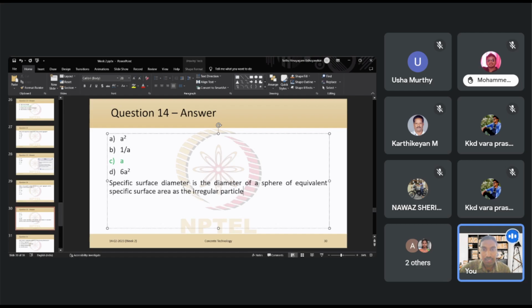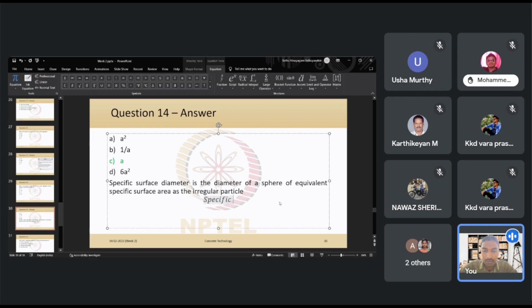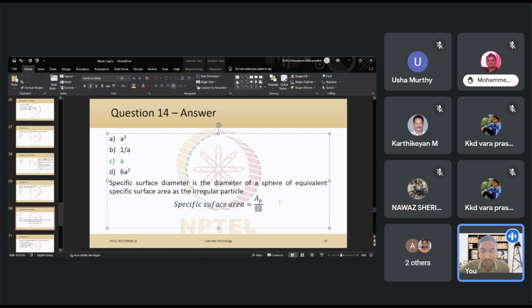To do that, what do we need? We need to find the specific surface of this irregular particle. How do we calculate the specific surface area? The specific surface area is nothing but the area of the particle, let's call that Ap, per unit volume. For a given particle, based on its shape, we can calculate its area and its volume, and we need to equate that to that of the sphere.